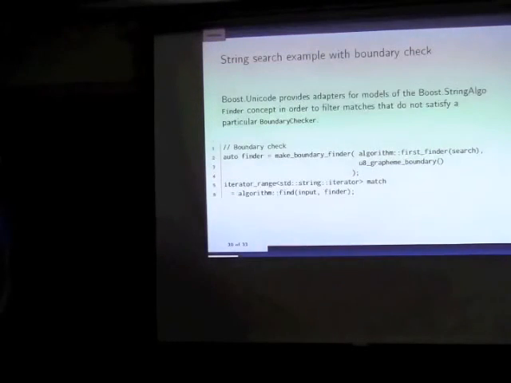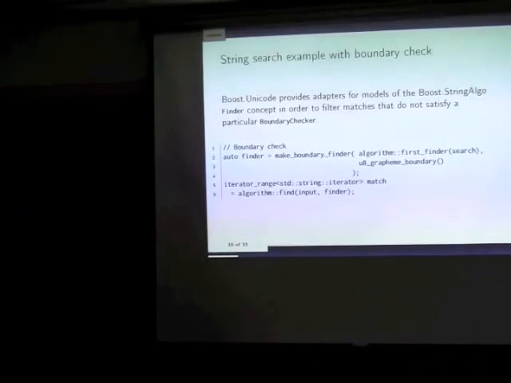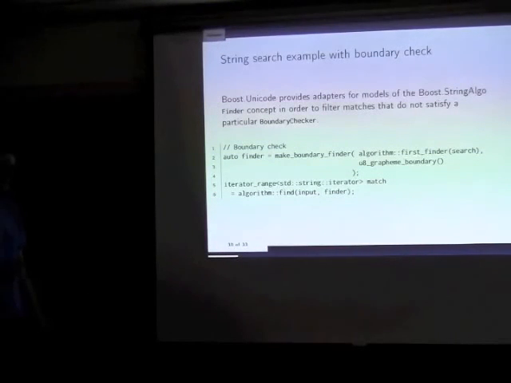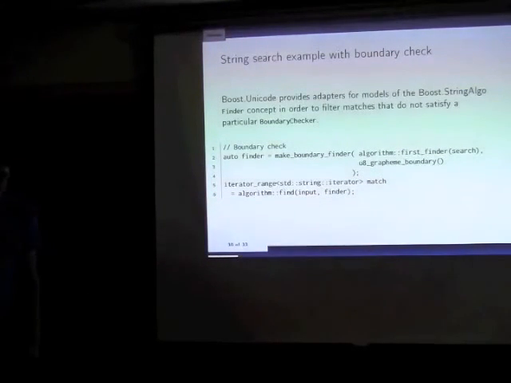The second way you can do this is you can adapt the finder. In Boost String Algo, you've got this concept of a finder, which all algorithms are actually defined with. There's a first finder, but it could be extended to add a Knuth-Morris-Pratt finder, because this just has a naive finding.